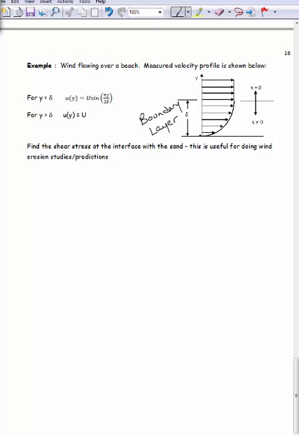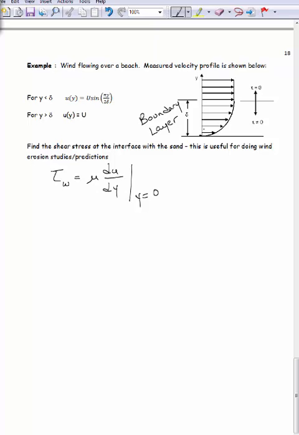Okay, so let's find tau at the sand interface. All we have to do is apply our equation. Tau wall is mu times du dy at the wall, and in this case our sand surface is at y equals 0. The first thing we need is that derivative.